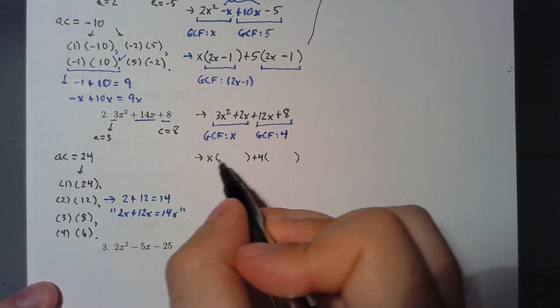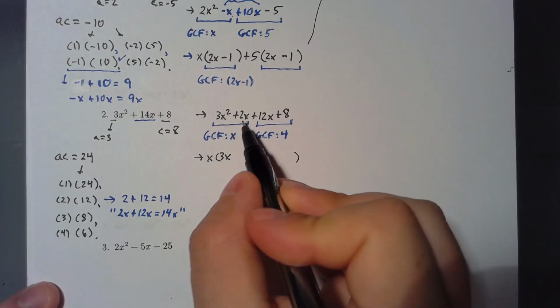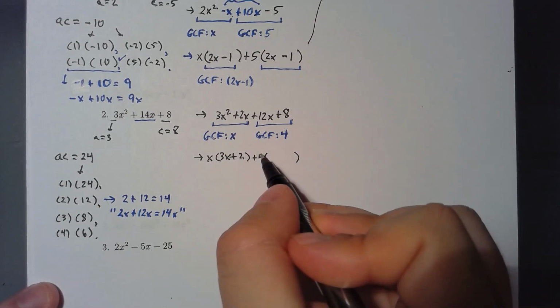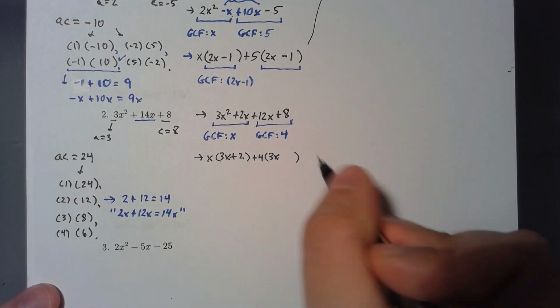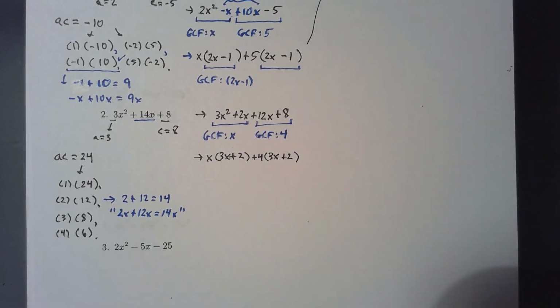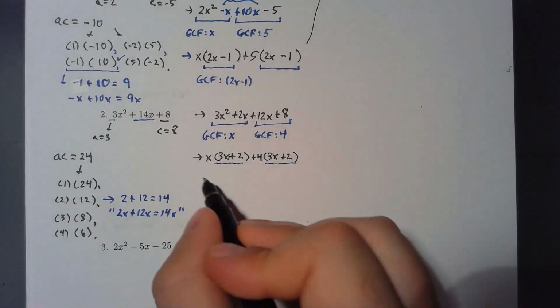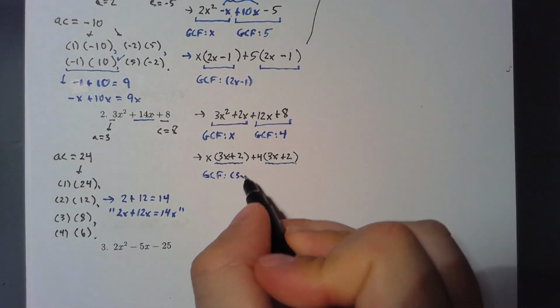What's missing? Well, x out of 3x squared is 3x. X out of 2x is plus 2. 4 out of 12x is 3x. 4 out of 8 is 2. There it is. They have a common factor. They have a GCF of 3x plus 2.